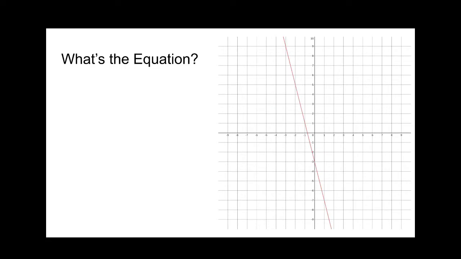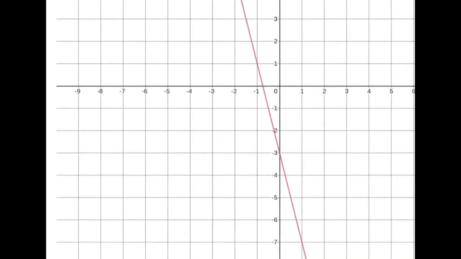Okay, and then the last thing is that you can come up with the equations of lines from the graph as well. So again, if you know the slope and the y-intercept. The y-intercept is -3, and that's B. This looks like a good point here.